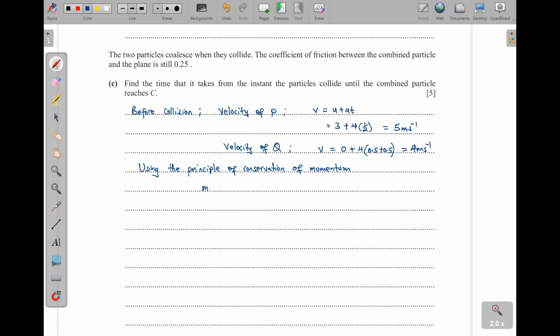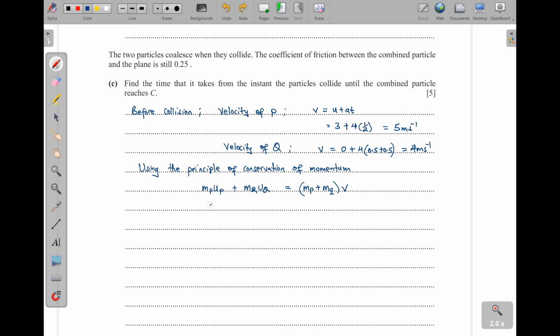So we have MP, UP, plus MQ, UQ, is equal to, because this one is a coalesced particle, the masses add up, so MQ, then times V. So for P, we are going to have this one as a 5.